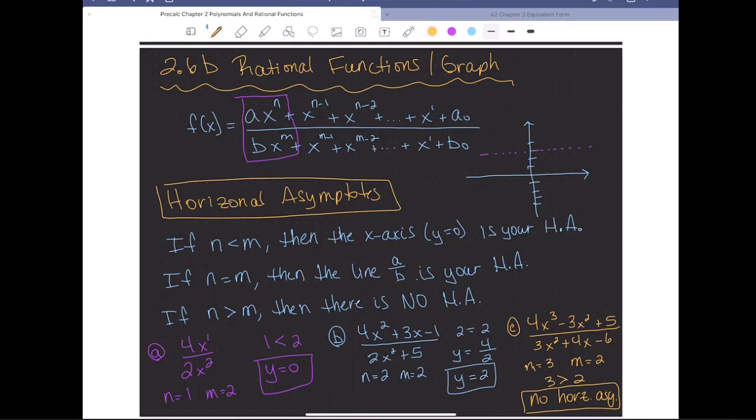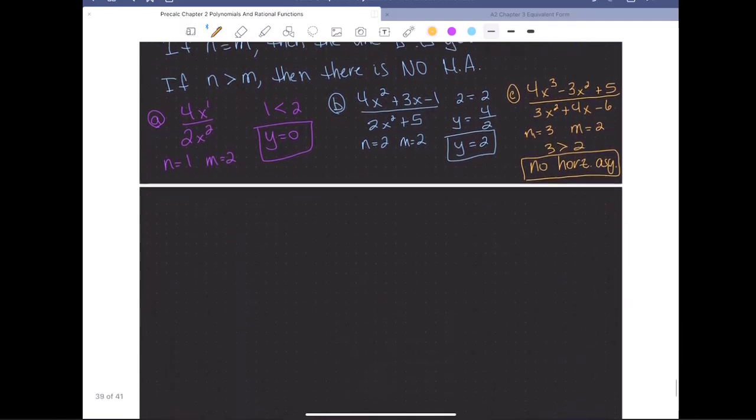Not too bad? All right. So we're going to take all of this together, and we're actually going to turn this into a graph. I know in our textbook they talk about the 7 steps to graphing. We're only going to do 6 steps of graphing.